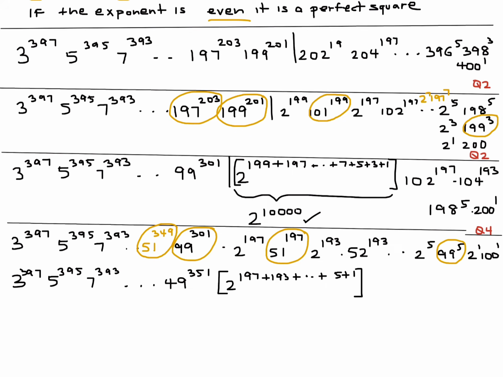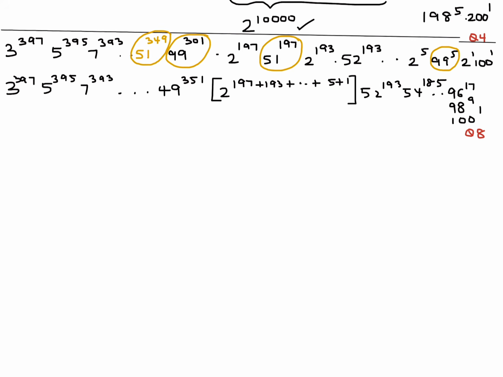And then on this side, you'll have 52 to the 193, 54 to the 185, because now we're down to a Q8 situation. Let's put that there, Q8. And then eventually, dot, dot, dot, you'll get to 96 to the 17, 98 to the 9, and then finally we've got 100 to the 1. So as you can see, it is a Q8 situation.